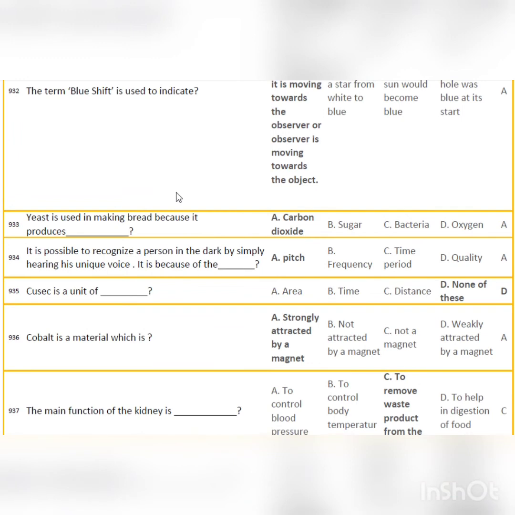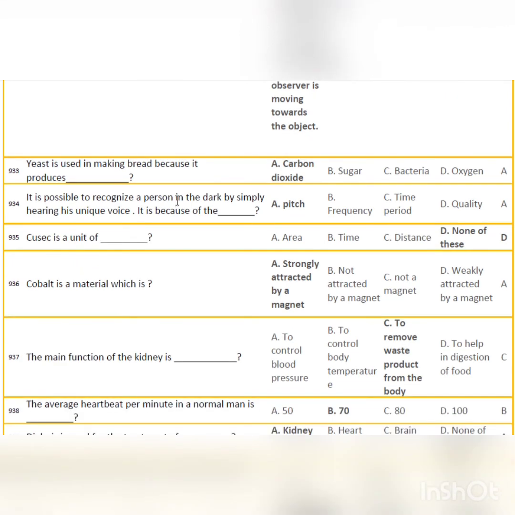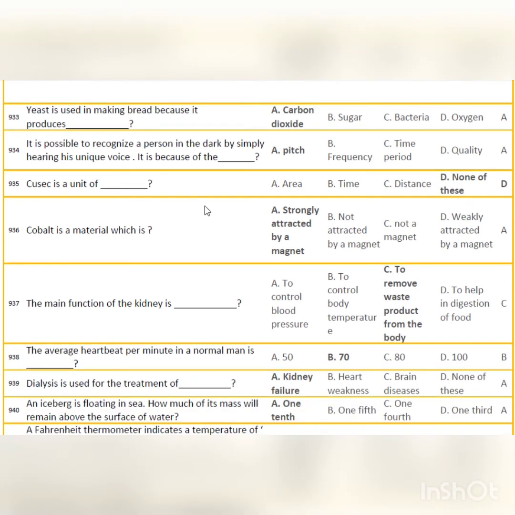The 2017 Nobel Prize in physics is for: A. Prove of observation of gravitational waves. B. Prove of observation of gravitational waves.